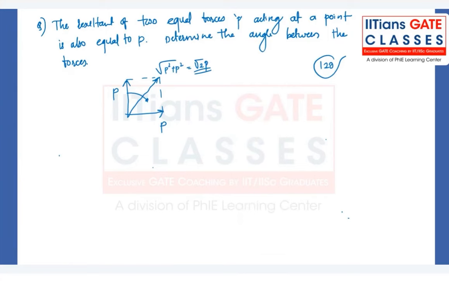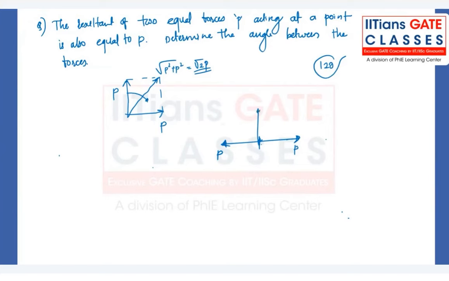So if it is 180 degrees, the resultant will be 0, right? So 180 is an absolutely wrong answer, because you can clearly see this. You're pulling with this force here, and you're pulling P in the left-hand direction, so it will be 0. So something between 90 and 180 should be the correct answer.